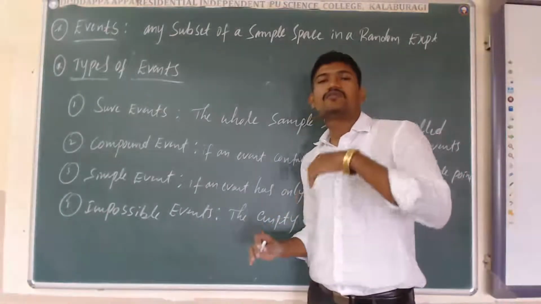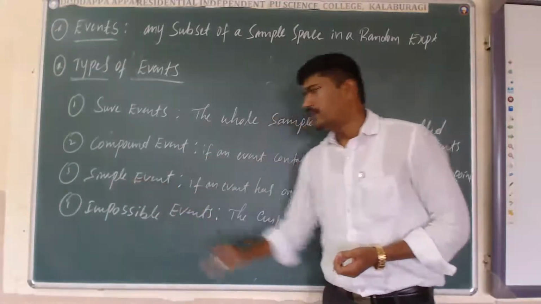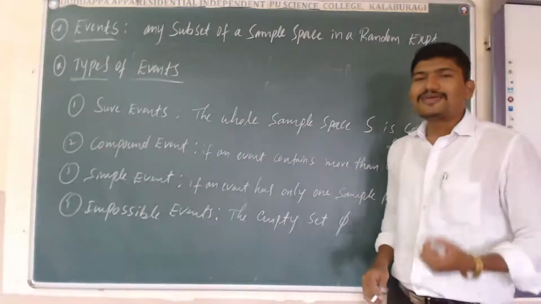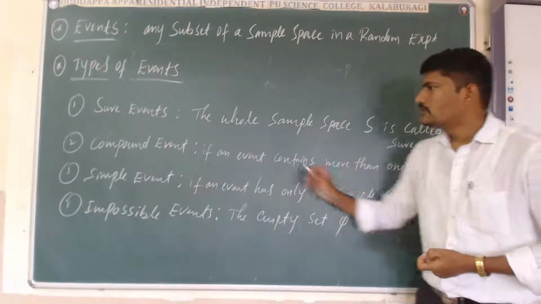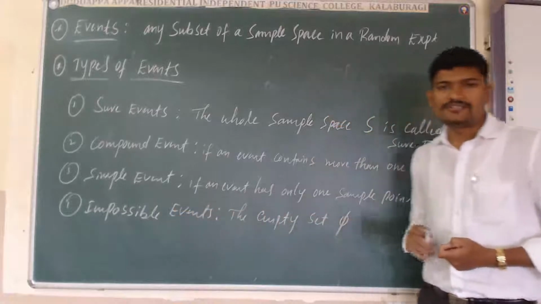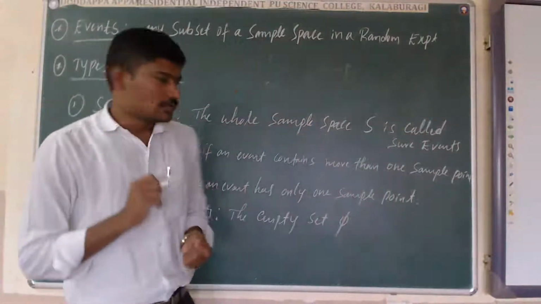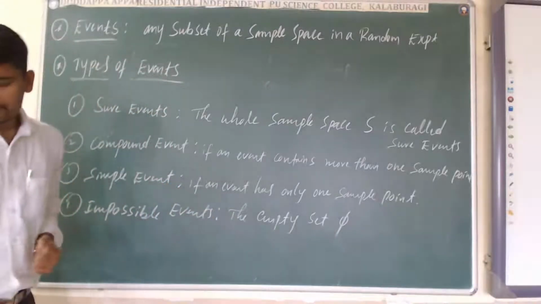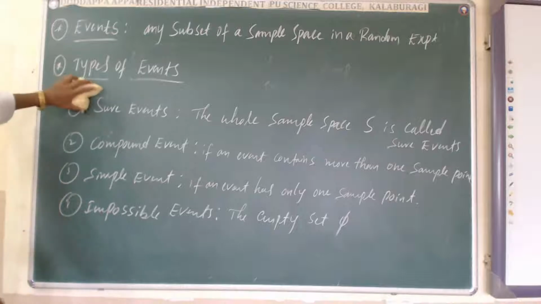Simple event is nothing but if an event has only one sample point. And impossible event is nothing but the empty set.